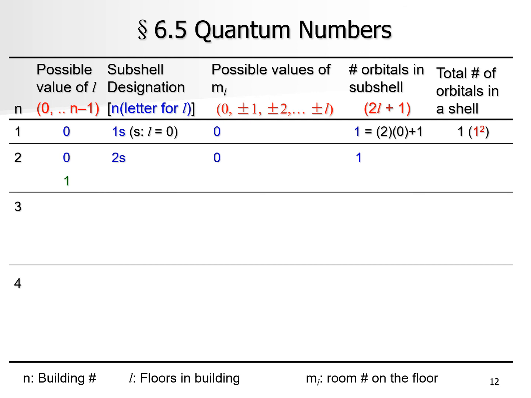Room number 01 on the first floor in any building. So I just hope that using my office helps you understand those relationships between n, L, and m sub L.